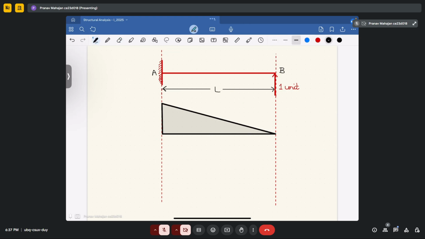Okay, let me write it. M upon EI diagram, and I will write the maximum value to be equal to L upon EI.